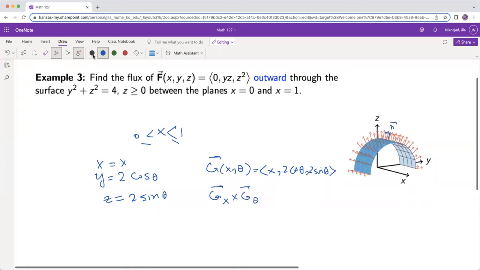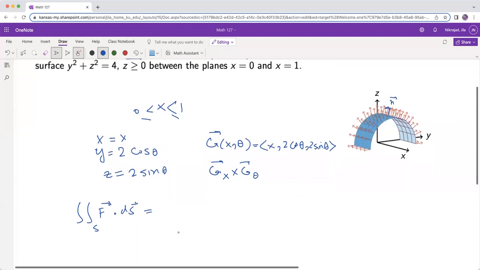Oh, let's go back and remember, we're trying to find a flux. What is flux? Flux is the surface integral of F dot dS. So after parameterization, I have to use one of two formulas.